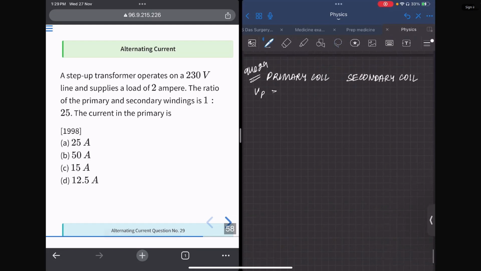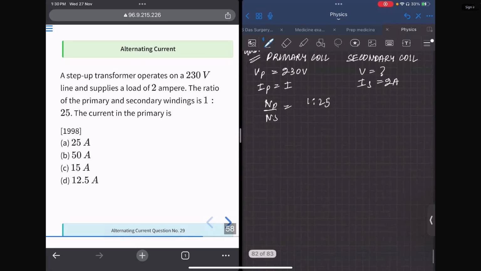The primary coil has VP of 230 volts, and we need to find the current I in the primary coil. In the secondary coil we have IS as 2 ampere. VS we do not know. We have NP by NS as 1 is to 25.